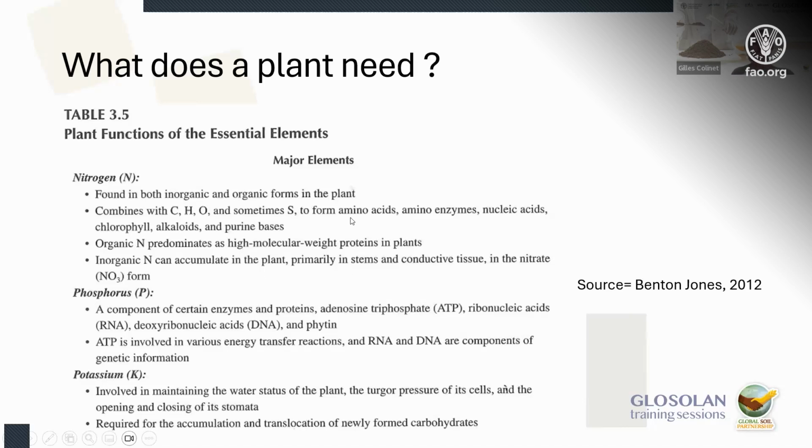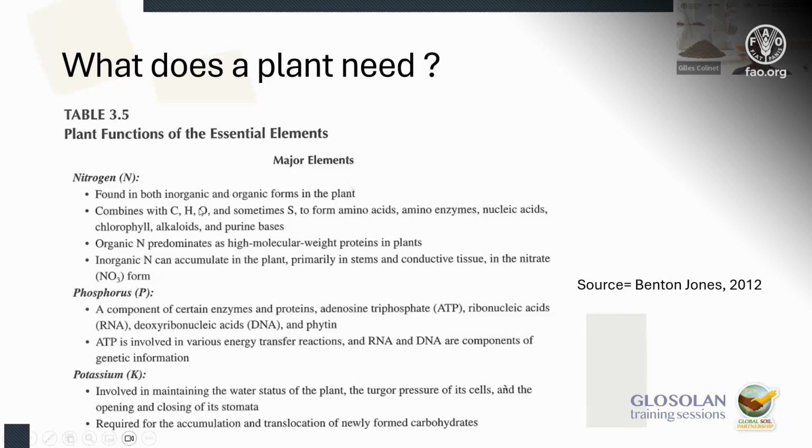For nitrogen, the major point related to its essentiality is that it is found in both inorganic and organic forms in the plant. Nitrogen can be part of the organic structure, or it can be found as nitrate, nitrite, or ammonium in the cells or in the water inside the apoplasm.